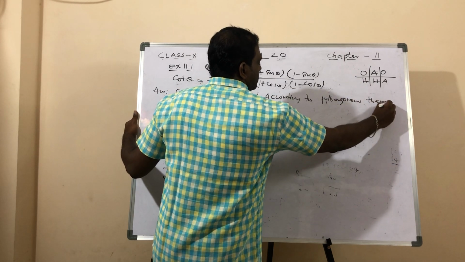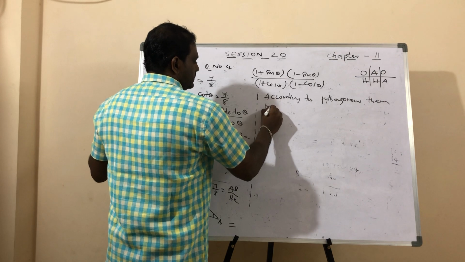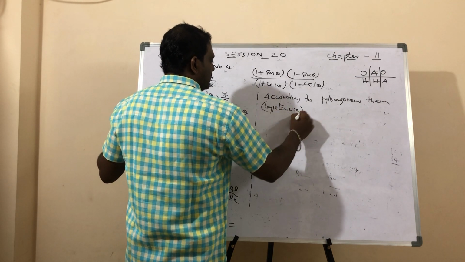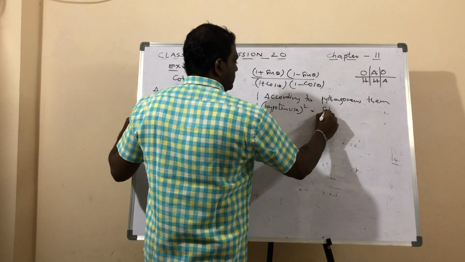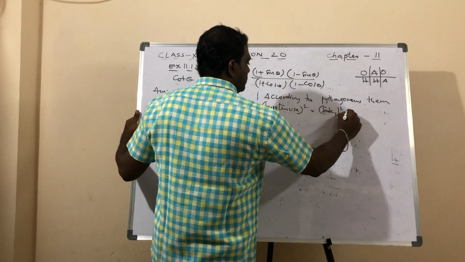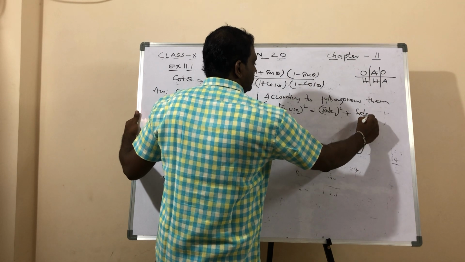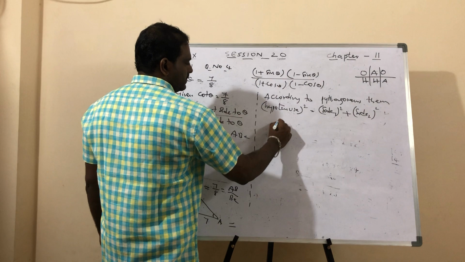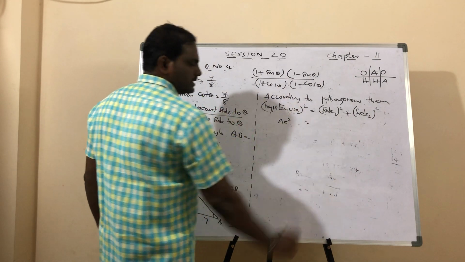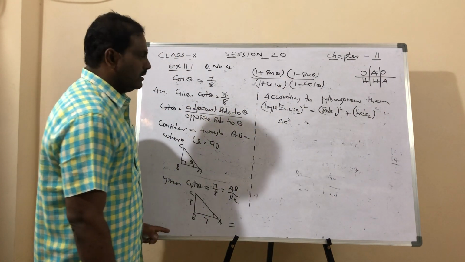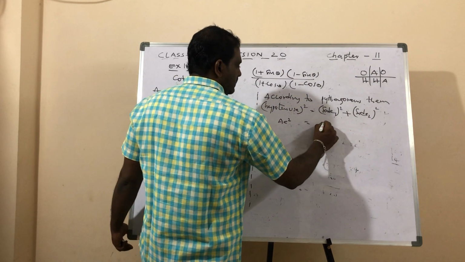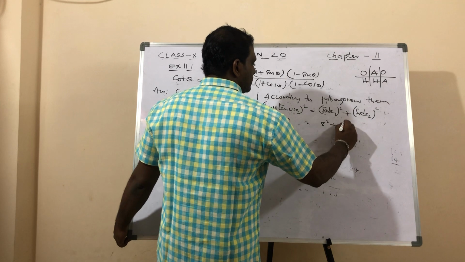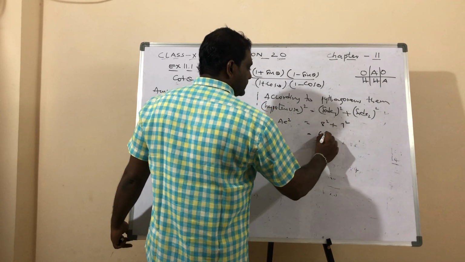According to the Pythagoras theorem, what is the answer? It is hypotenuse square is equal to side 1 square plus side 2 square. And what is that? AC square. AC square is equal to 8 square plus 7 square. What is 8 square? 8 8s are 64.